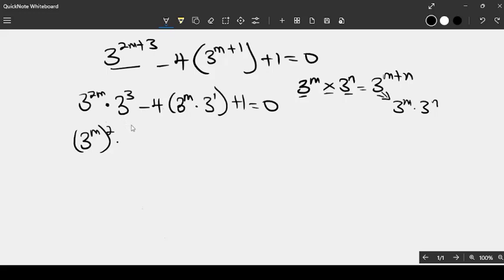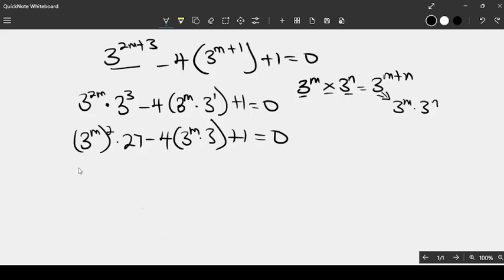Then 3 exponent 3 is the same as 3 times 3 times 3, which is 27, minus 4 into bracket 3 exponent m times 3 plus 1. So here we are going to have 27 times this.